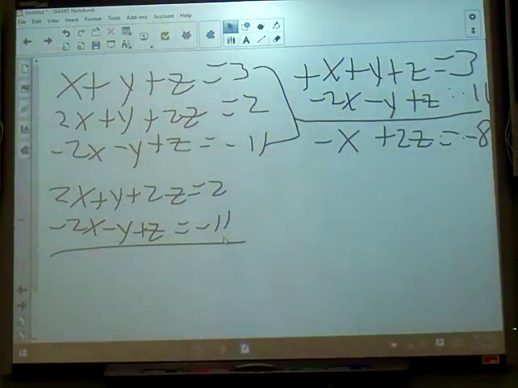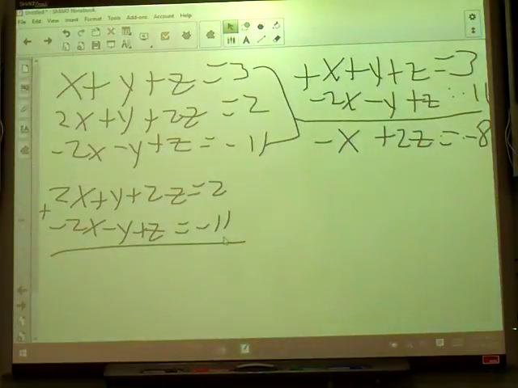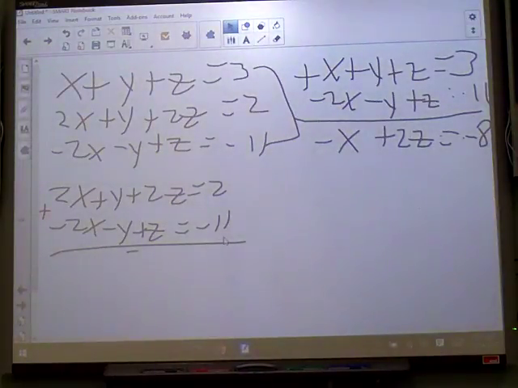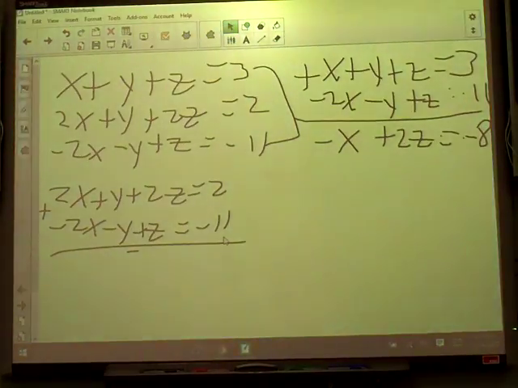I'm adding here because my y's are different signs. My x's are also going to go away, which is good news. 2x plus negative 2x is nothing, y and negative y is nothing, 2z and z is 3z. 2 and negative 11 is negative 9. Divide everything by 3, and I already know my z.